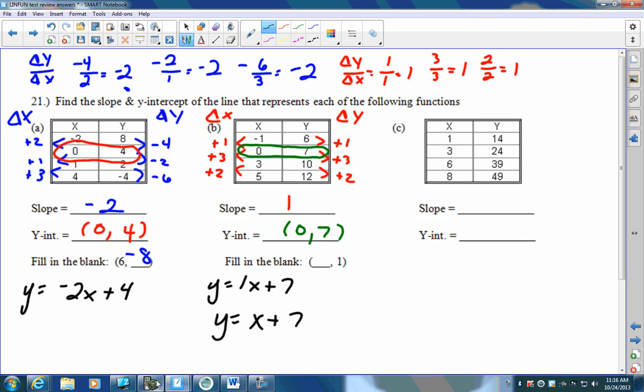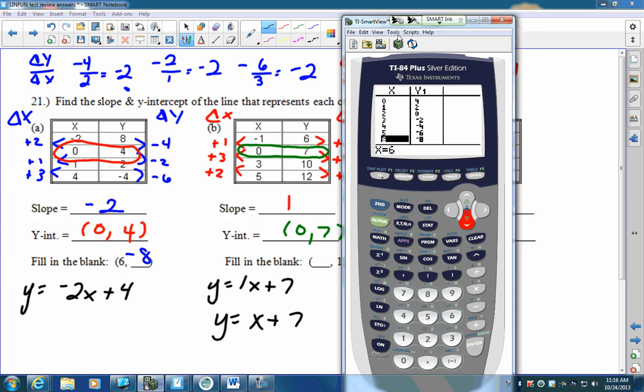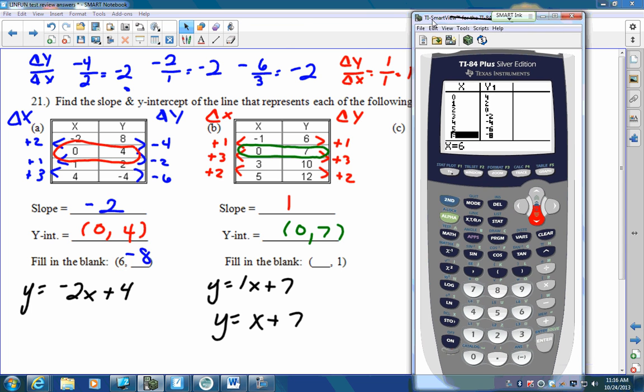Now I have to go into the calculator to find my answer for that other one. So I'm going to go to y equals and put in there x plus 7. Second graph.